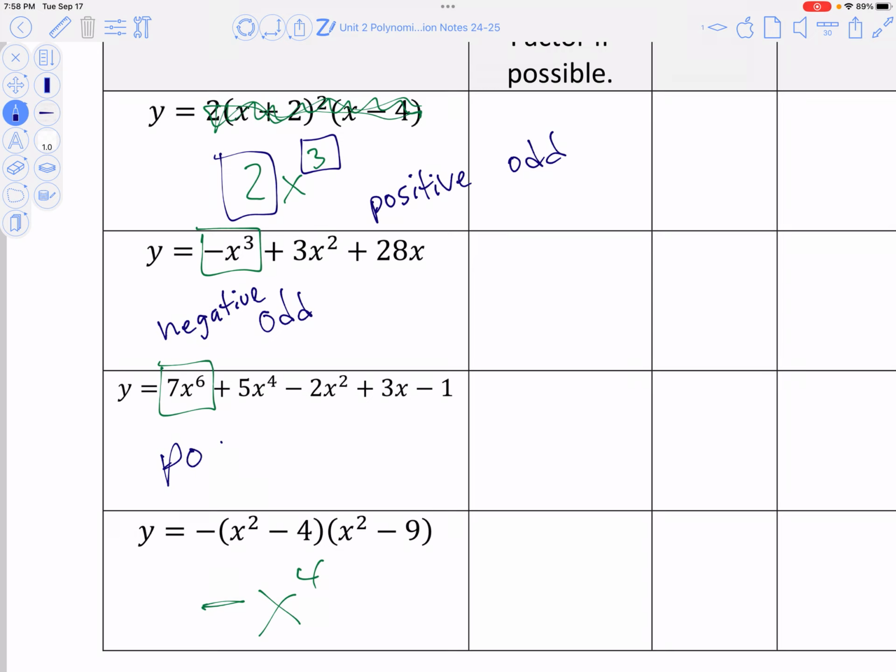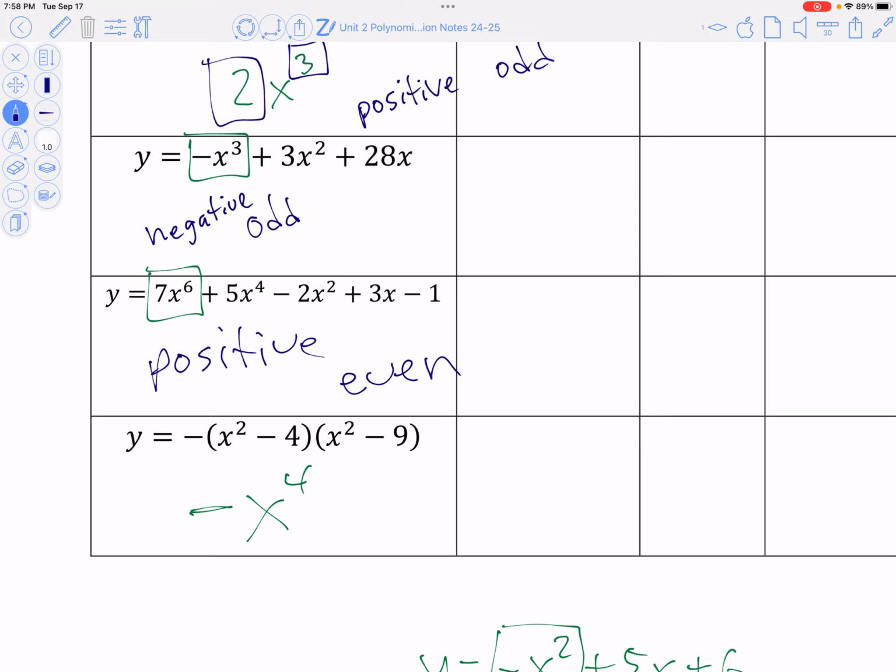Here, 7 is positive, and 6 is even. And then here, negative 1 is the leading coefficient, it is negative, and the degree is 4, which is even.